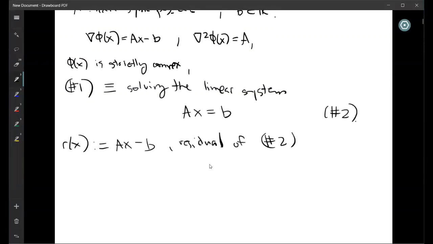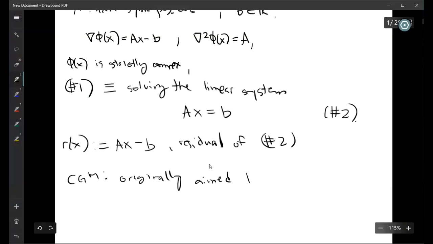So to describe the idea of conjugate directions, the conjugate gradient method here is actually originally aimed to solve linear systems of the form hashtag 2.